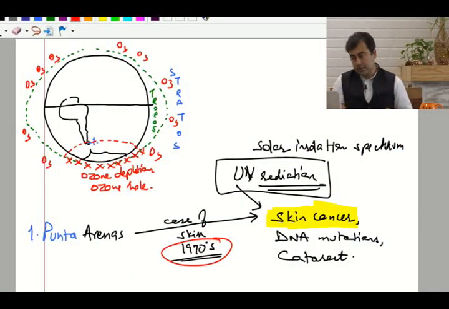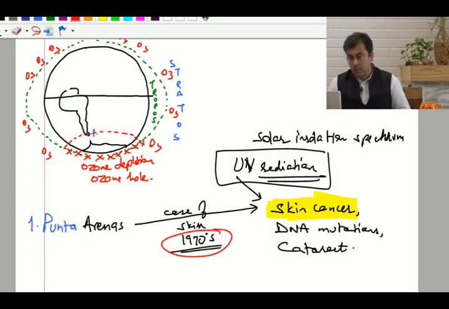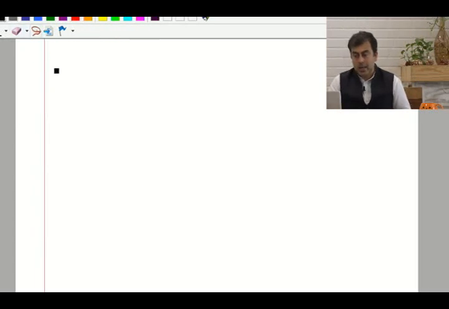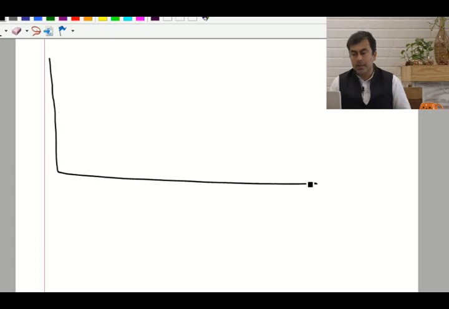They called for their reports. What is the level of ozone over there? So what did the report show? Let us see what the graph of the report was. The report showed something like this. The annual ozone layer graph.